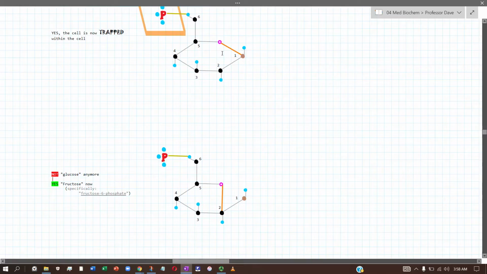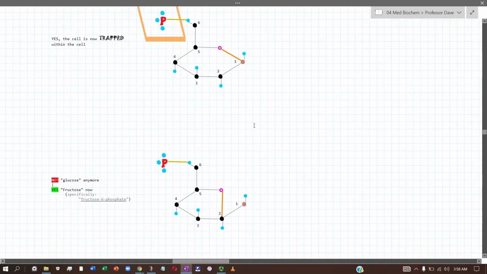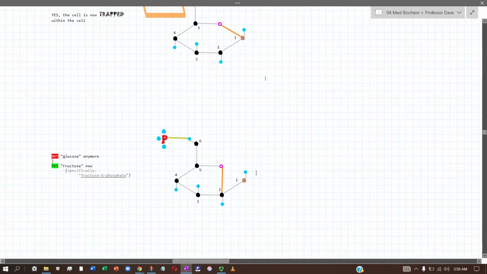It used to be a blue oxygen, which was just a hydroxyl group, but it attacked carbon number one. That's what made it a glucose. But then an enzyme within the glycolysis pathway made that bond be put on carbon number two.